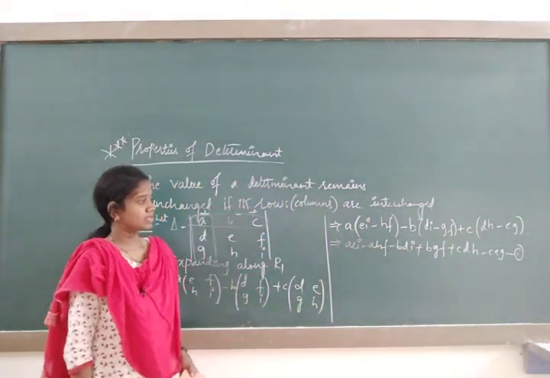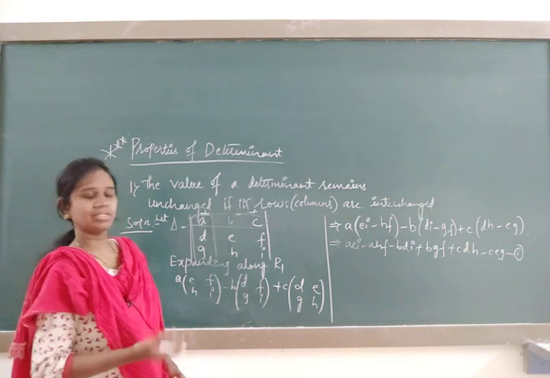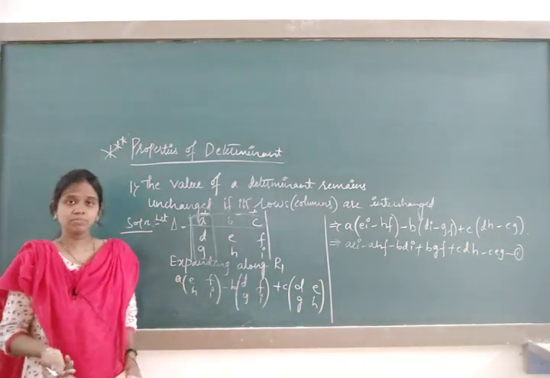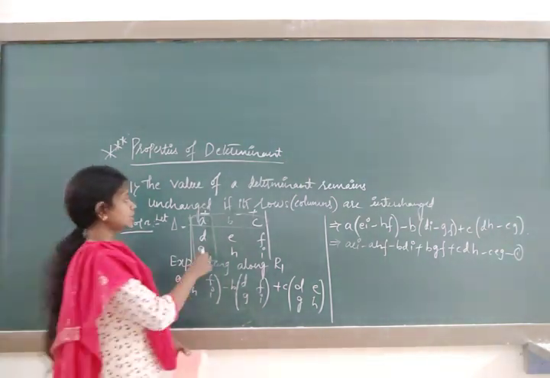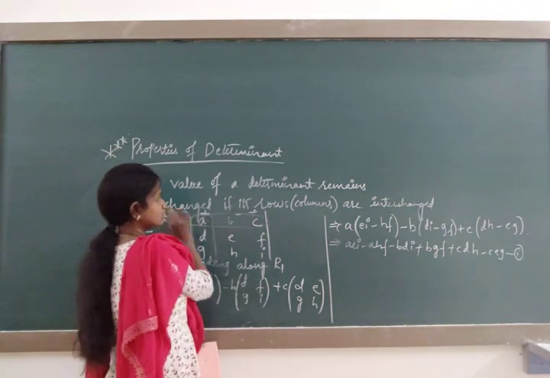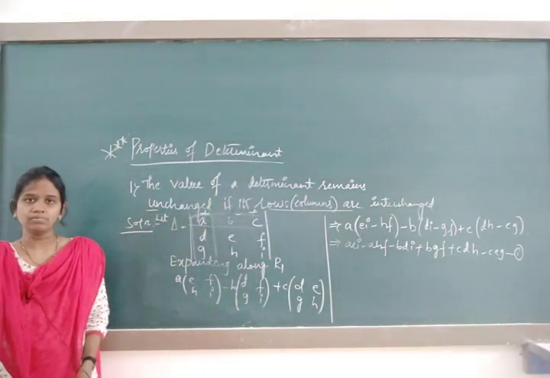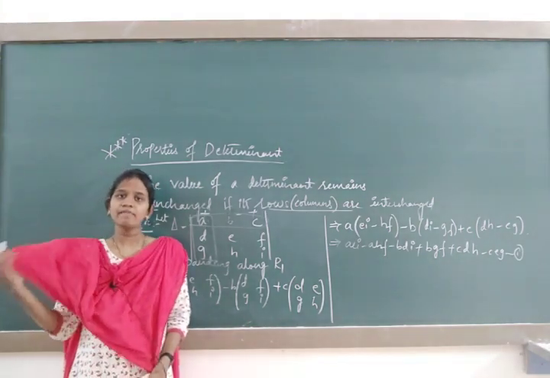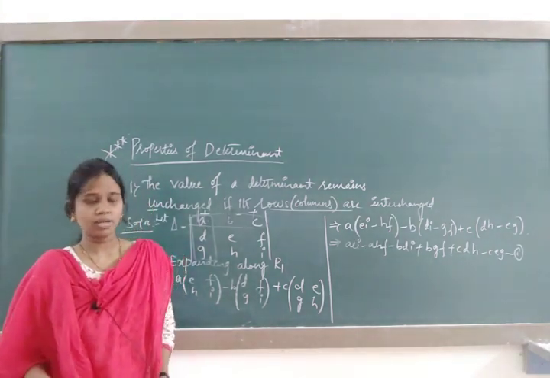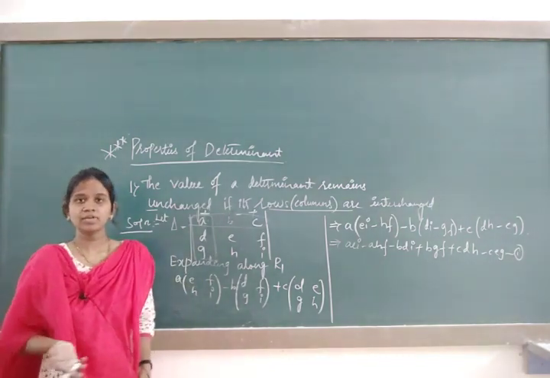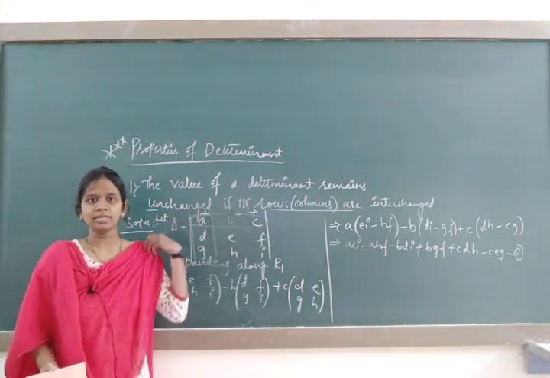I think there will be 6 terms, 1, 2, 3, 4, 5, 6. The same 6 terms we have to get when we interchange the rows and columns. According to the property, when we interchange the rows and columns, the same value as that of equation 1 we have to get.